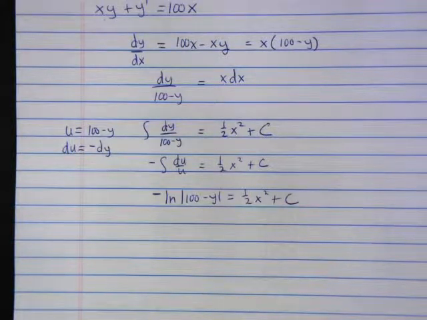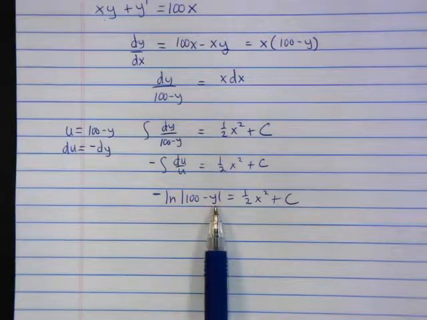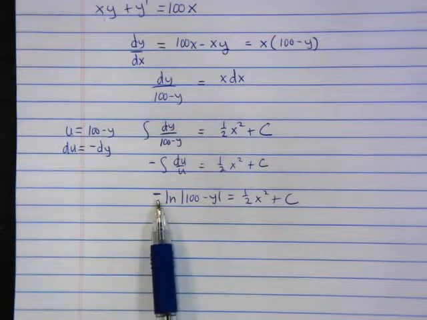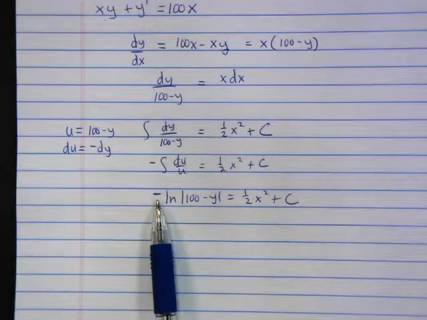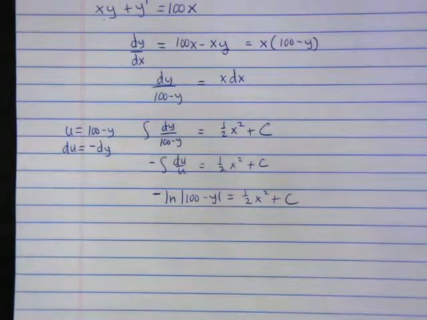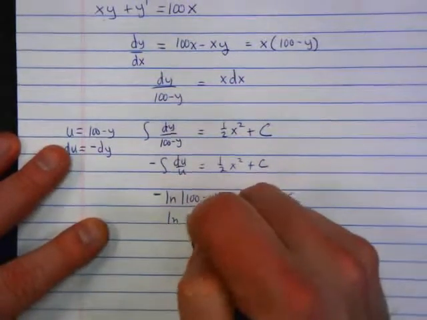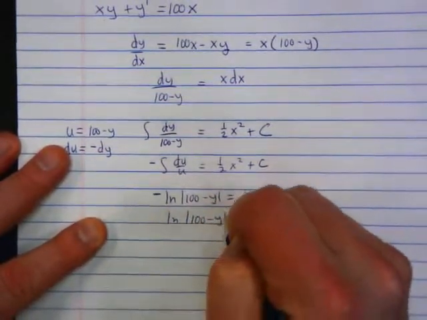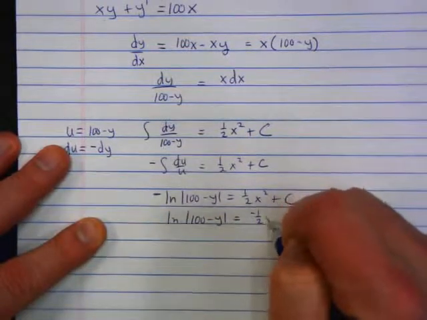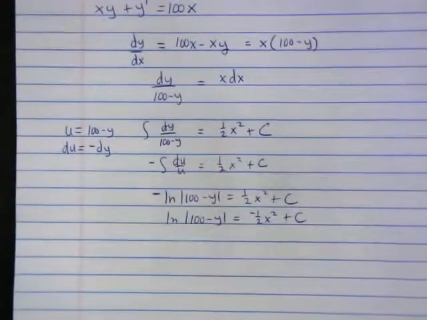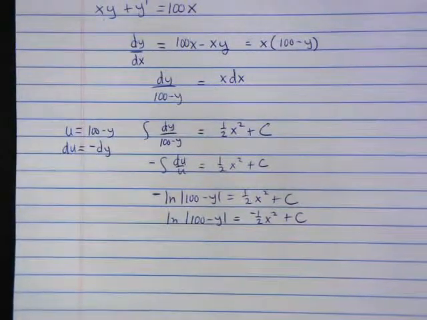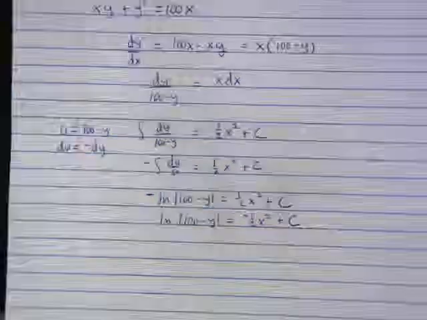Again, I want to go through the same process of getting the y all by itself. So what do I have to do to get the y all by itself? Divide by that negative 1. ln of 100 minus y is minus 1/2 x squared plus c. Same trick, I'm not going to change c every time.